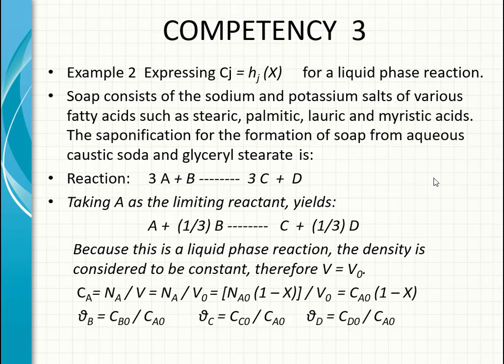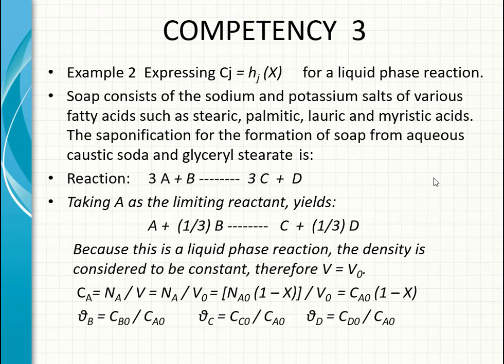So if we take A as the limiting reactant, we divide the whole reaction by 3, and we will have A plus 1/3 of B gives C plus 1/3 of D. Because this is a liquid phase reaction, the density is considered to be constant, therefore the volume V is equal to V0.